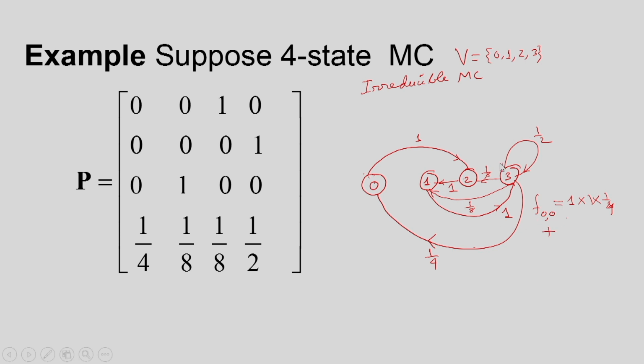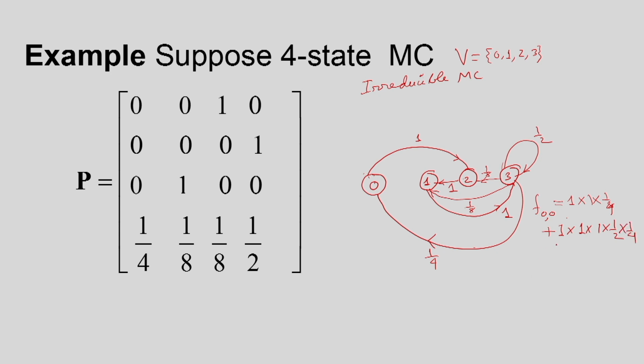So, we can consider this step for the second time. Suppose this is 1 into 1, then 1 into 1, then it will go to 1, and then it will remain there with probability half, and then come back with 1 by 4.